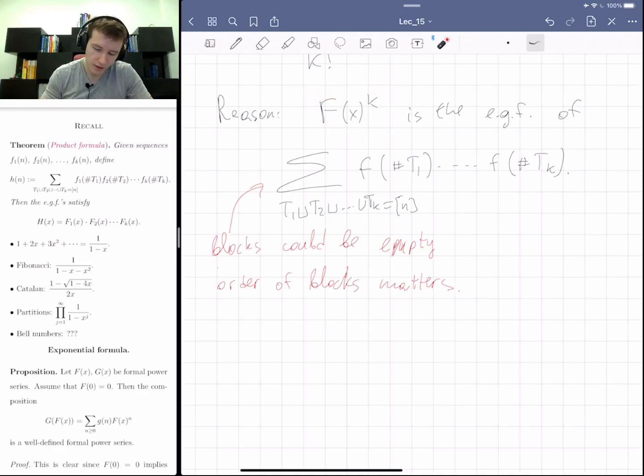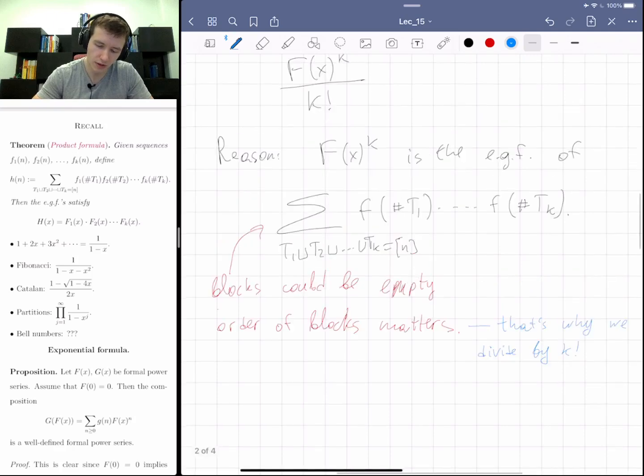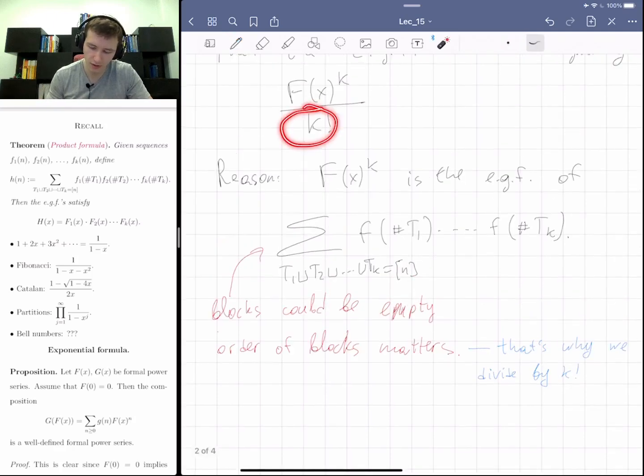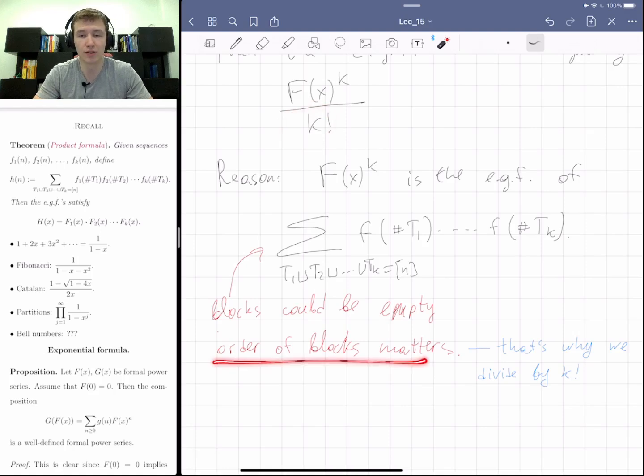Of course here the number of blocks is fixed, it's k, and the order matters. So that's why we divide by k factorial. I have the k factorial here, which exactly makes the order of blocks not matter anymore.